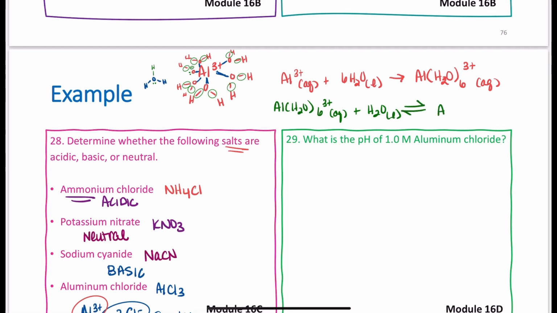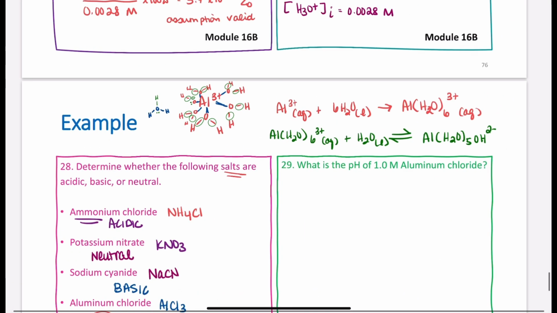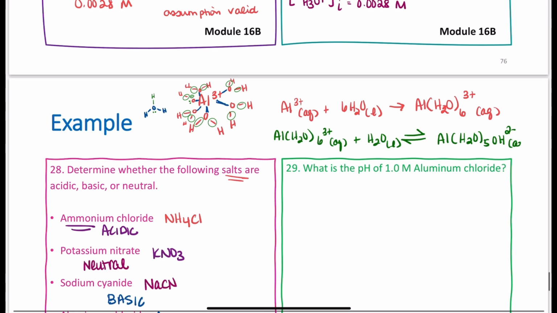And this is an equilibrium. Now I only have 5 water molecules and 1 hydroxide. Again, the 1 hydroxide right here. And the charge has gone down by 1 because I still have the +3 on the aluminum, but now I have a -1 on the oxygen, overall +2 charge.